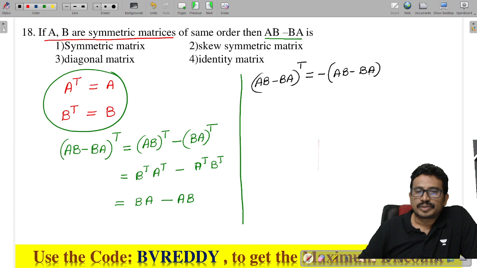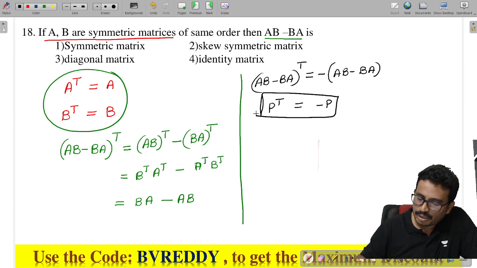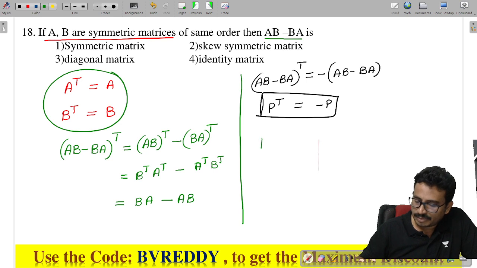So if I call this matrix P, then P transpose is in the form of minus P, P transpose equal to minus P. So then what can I say, the P matrix, which is AB minus BA, is a skew symmetric matrix.